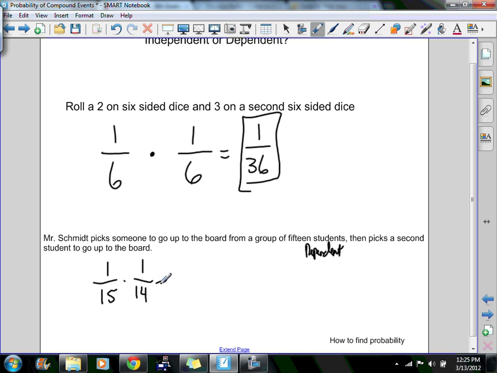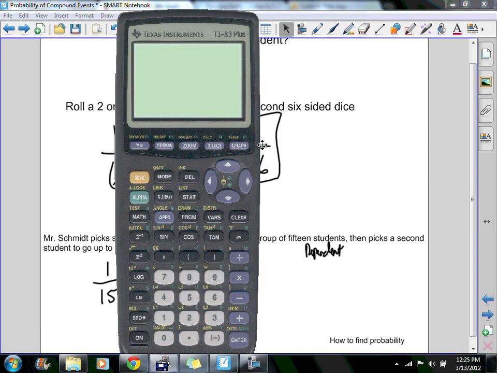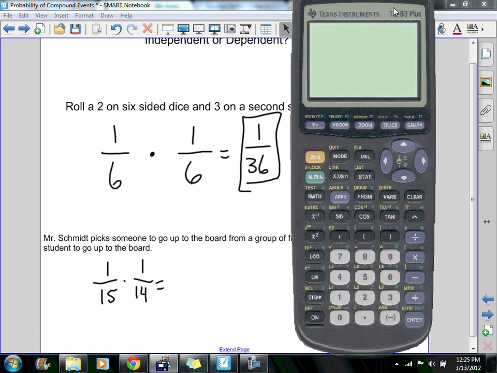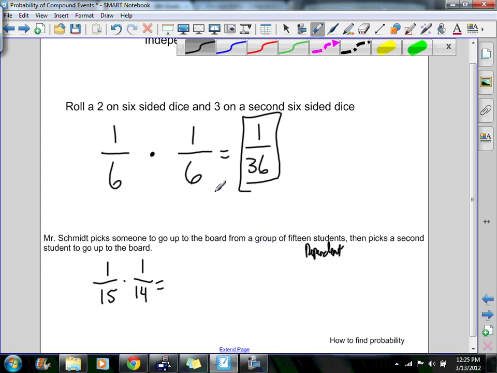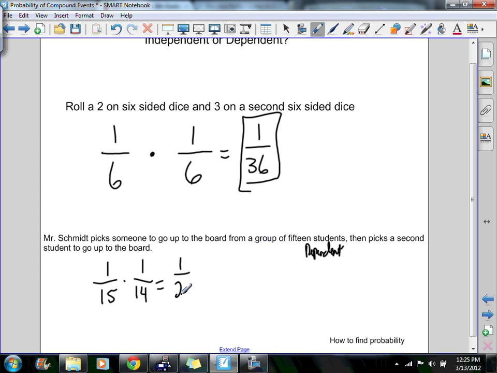So it ended up being a 1 out of 14. Well, 1 out of 15 times, or we're looking for 15 times 14 here. So that means in order to get two specific students, it's 1 out of 210. Okay?